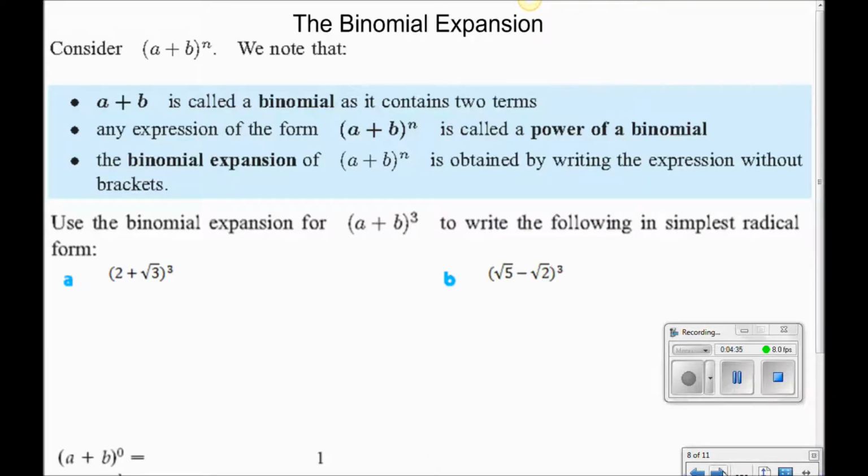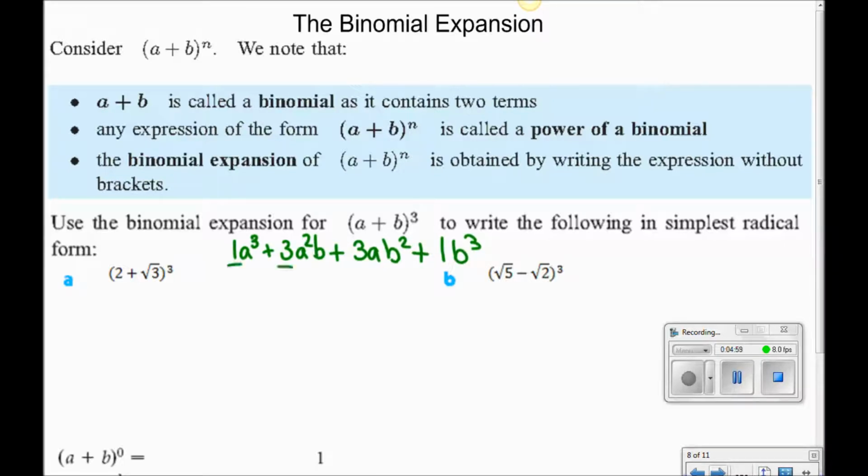So let's look at this. If we use the binomial expansion for a plus b, the quantity cubed. Okay, so remember we just looked at that, so that's 1a cubed plus 3a squared b plus 3ab squared plus 1b cubed.